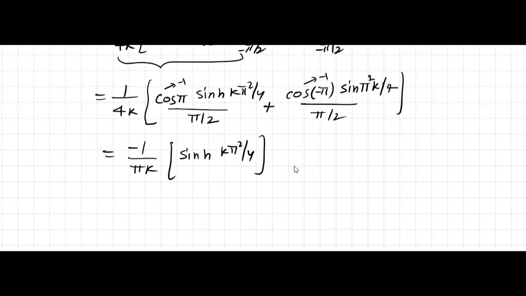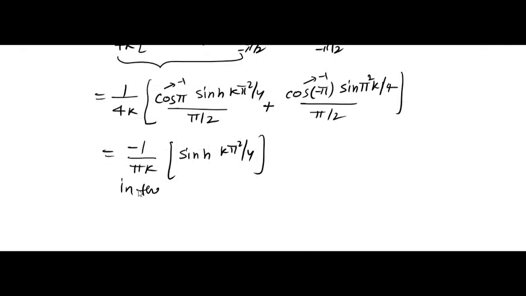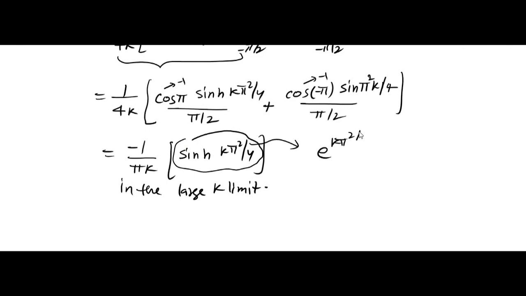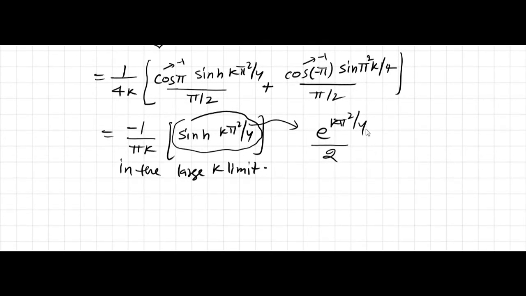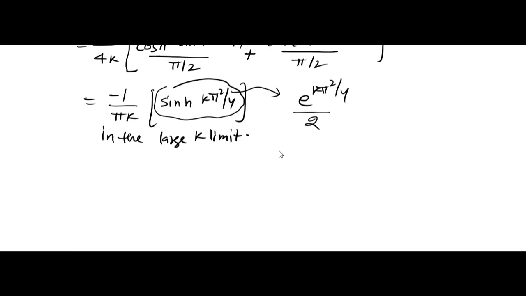And in the large k limit, this sinh(k pi square by 4) will again be e to the k pi square by 4 divided by 2, as we have done in the I1 case. So it will be minus 1 over 2 pi k e to the k pi square by 4.